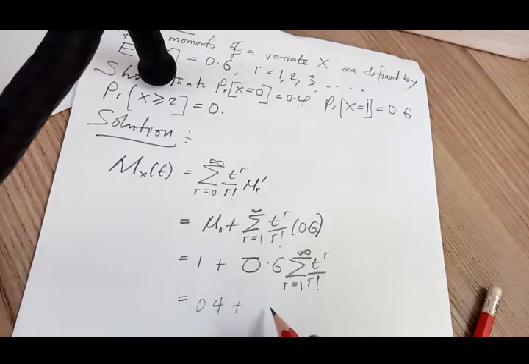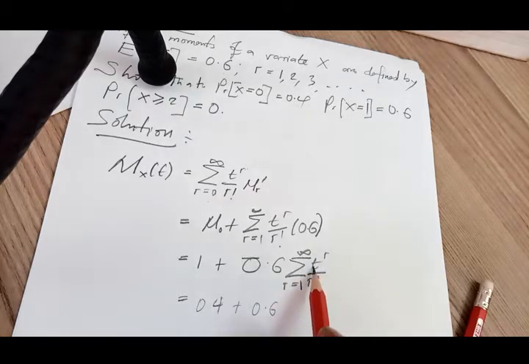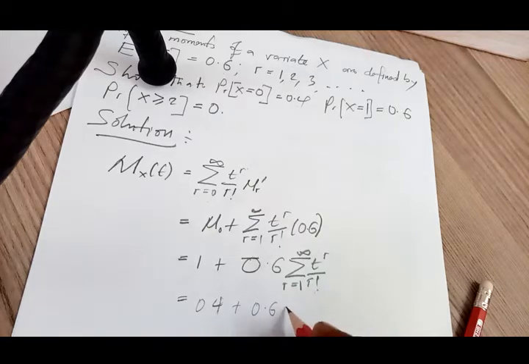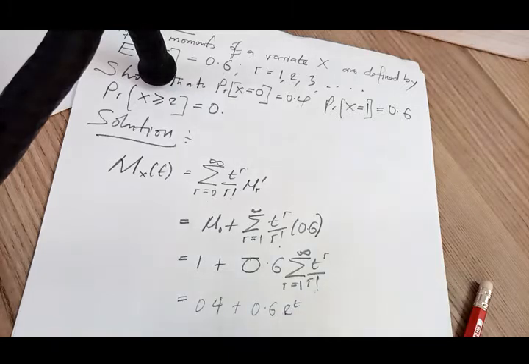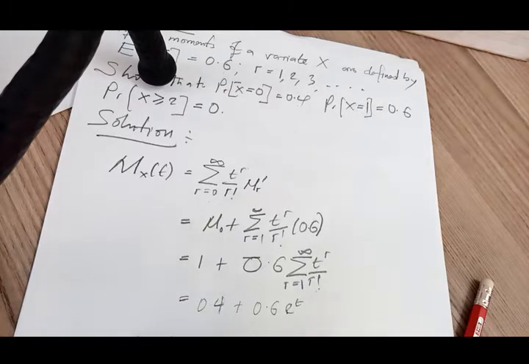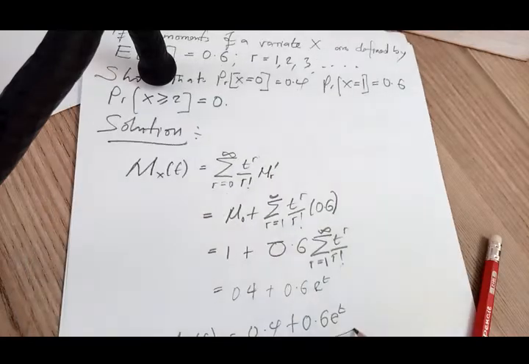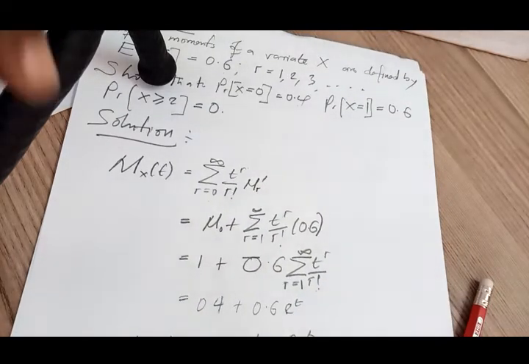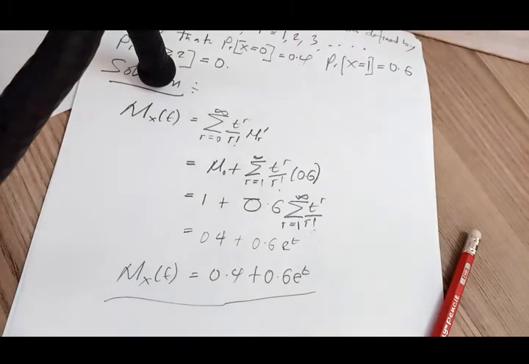Plus 0.6, and then this one is the power series, t to the power r over r factorial, which is basically the power series given as e to the power t. So in short, our M of x of t is equal to 0.4 plus 0.6 e to the power t. This is our moment generating function. Okay, so we found this.